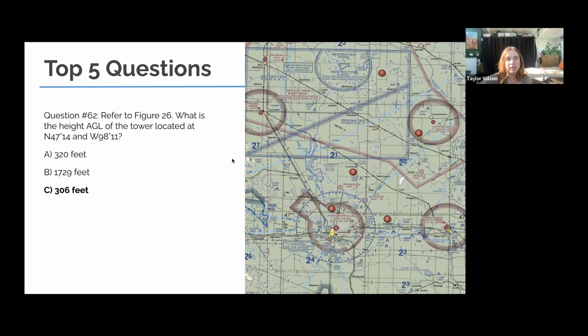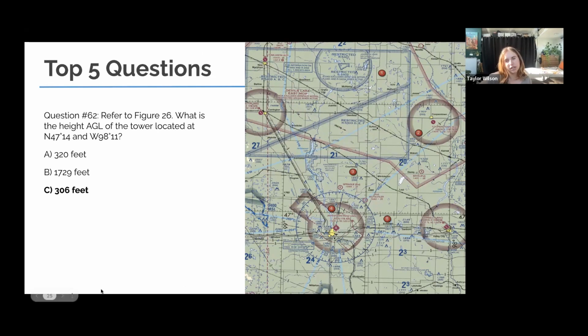But our answer here is C, 306 feet, because again, the italicized number on top is our altitude in MSL. The altitude in parentheses is AGL, above ground level. This question is asking for the altitude of that tower above ground level, AGL. So AGL is always going to be in parentheses.